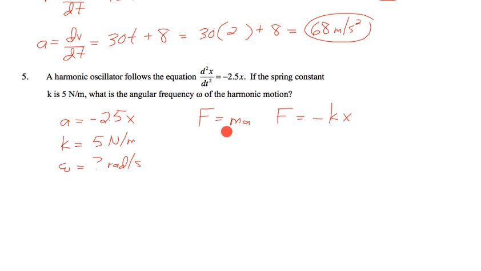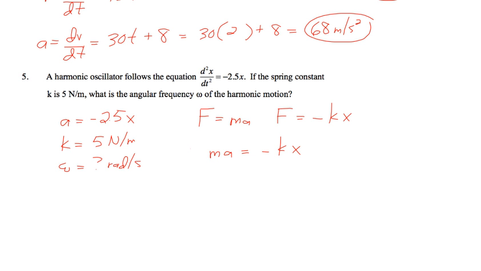So if both of these equal the force, then I know that ma equals minus kx. I can replace my a with minus 2.5x, which is nice because I've got an x over there, and it reduces the number of variables.